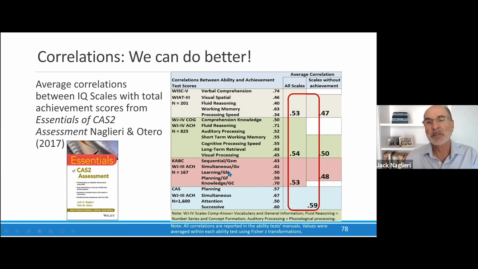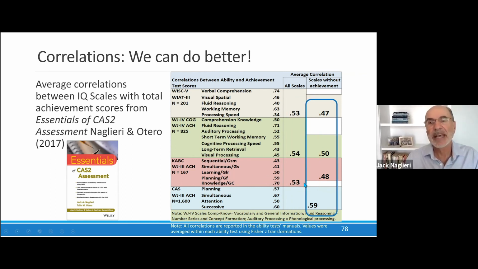And we did the same thing with these other tests, but it doesn't really matter, because ultimately, no matter how you look at it, the CAS always correlates the highest with achievement. So in other words, those profiles that we just saw, the influence of those profiles really shows up in the influence on these correlations.